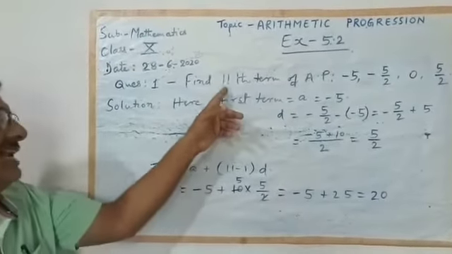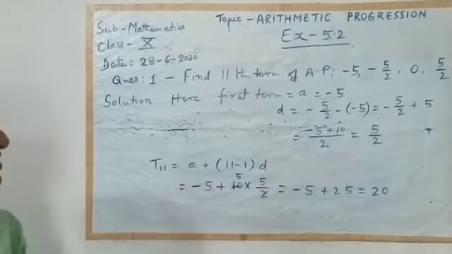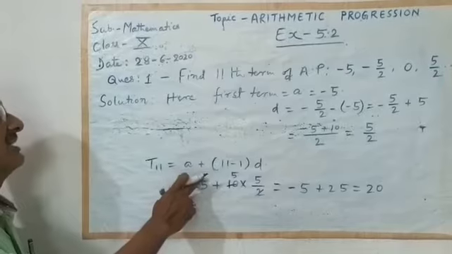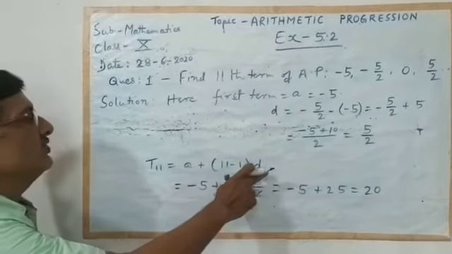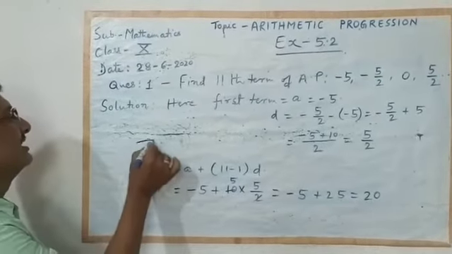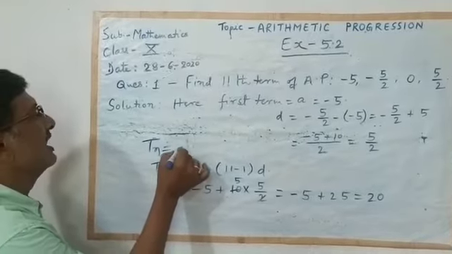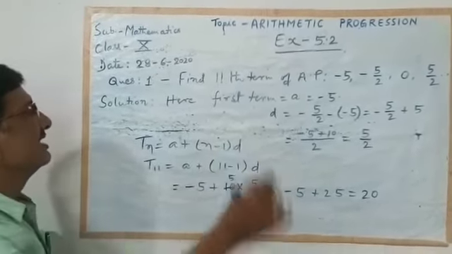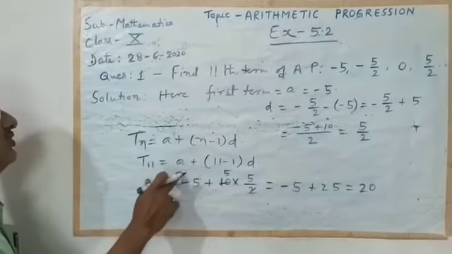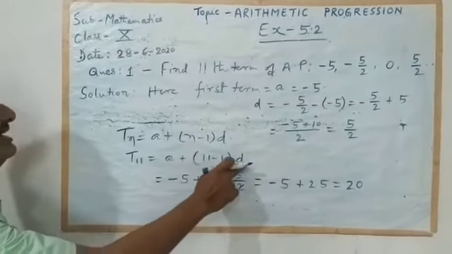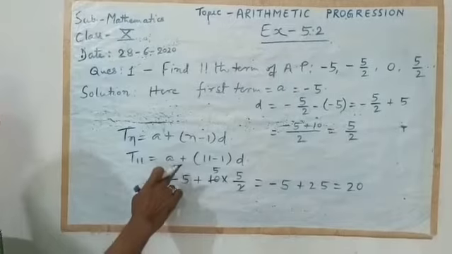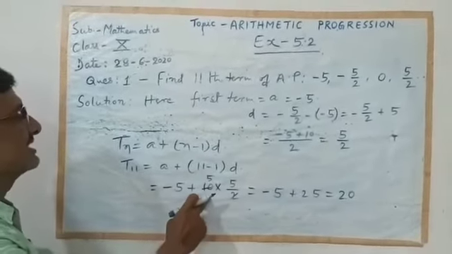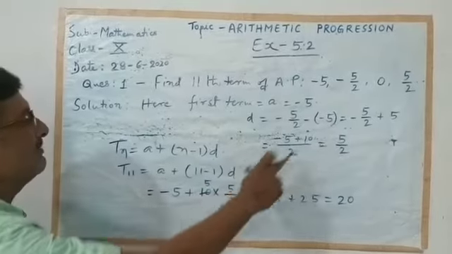Now to find the 11th term of the given AP, the formula we know is Tn equal to A plus n minus 1 into D. So T11 equal to A plus 11 minus 1 into D. Here A is minus 5 by 2, 11 minus 1 is 10 and D is 5 by 2.